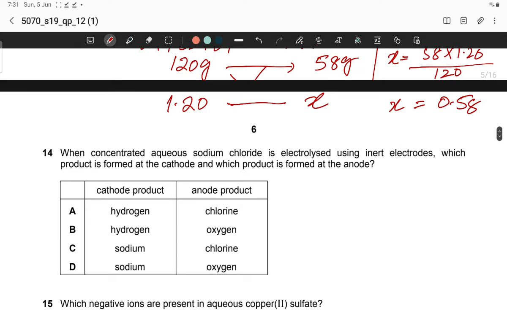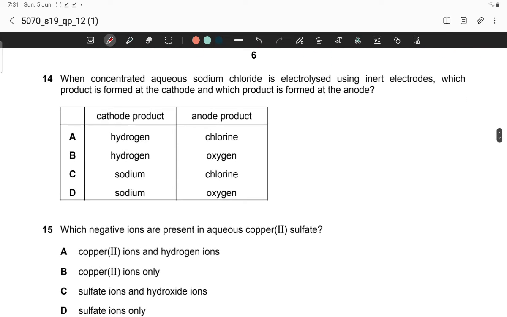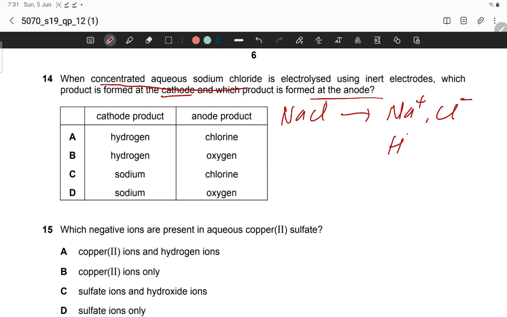Question number 14. When concentrated aqueous sodium chloride is electrolyzed using inert electrodes, which product is formed at the cathode and which product is formed at the anode? So concentrated aqueous sodium chloride has sodium ion, chloride ion, H positive, OH negative.